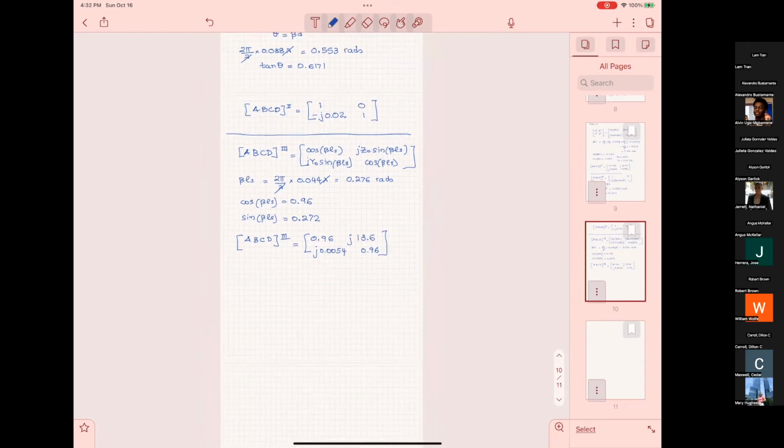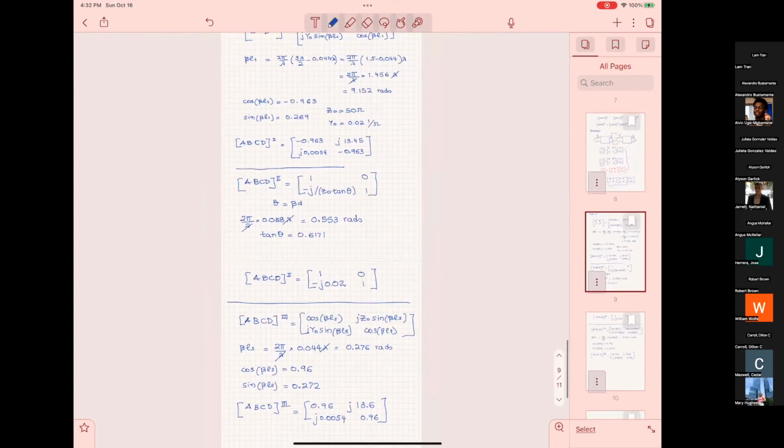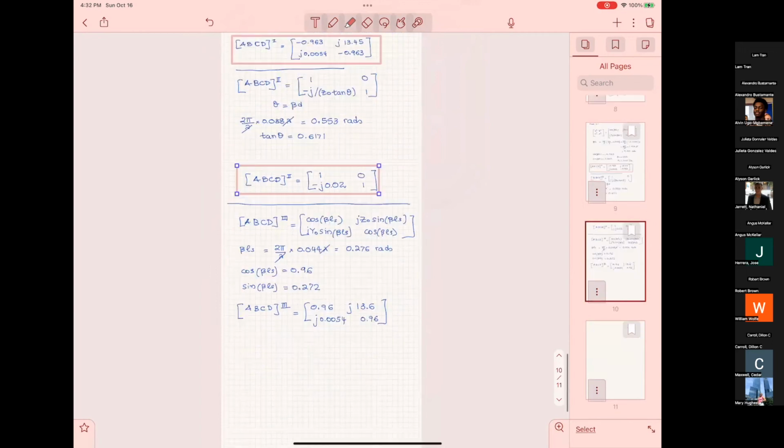Okay, and so you have these three matrices, 1, 2, and 3.